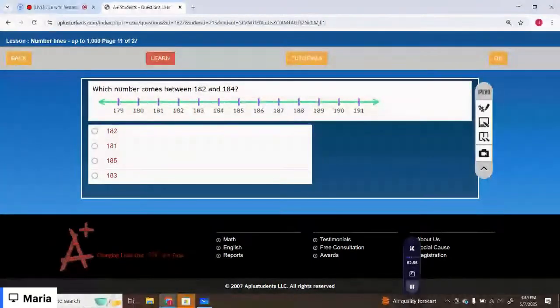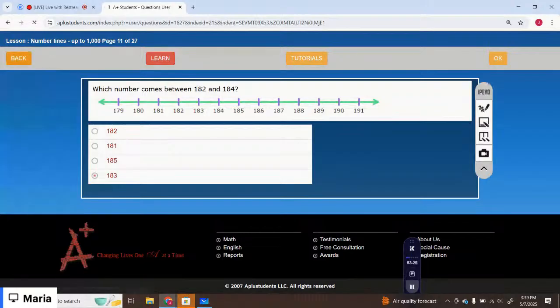Which number comes between 182 and 184? That is 183. The last option is the correct option.